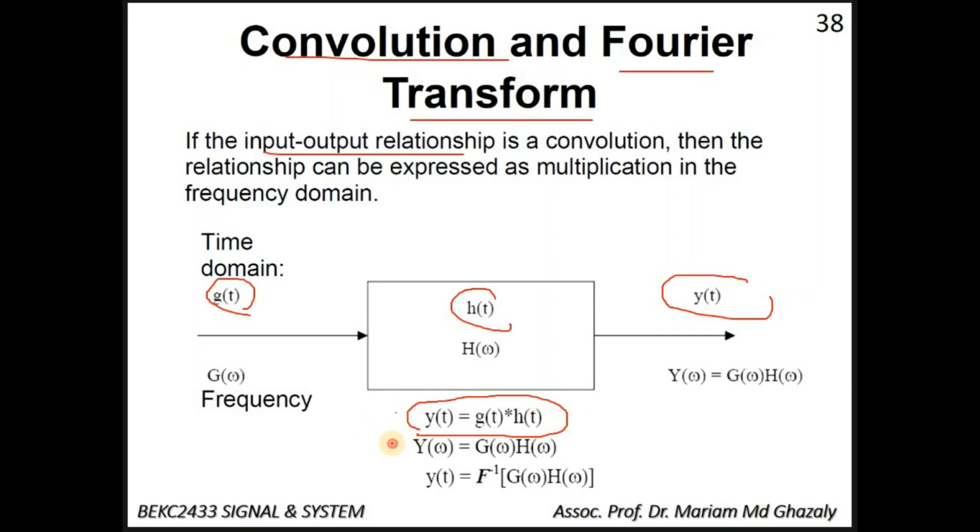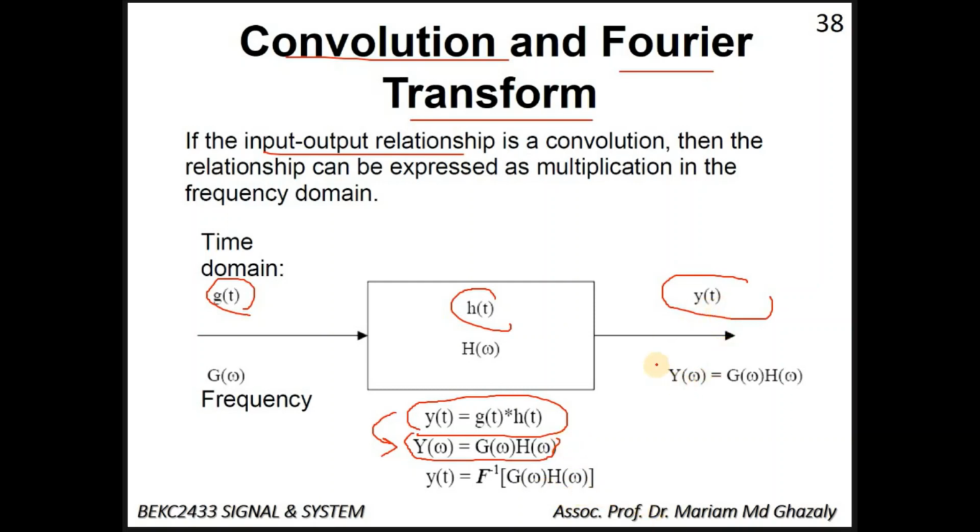In chapter 4, instead of using the convolution integral method, we are going to use the Fourier transform method to find the convolution y(t). We can rewrite this signal from the time domain to the frequency domain, given by Y(omega) equals G(omega) times H(omega). So you do the normal multiplication.